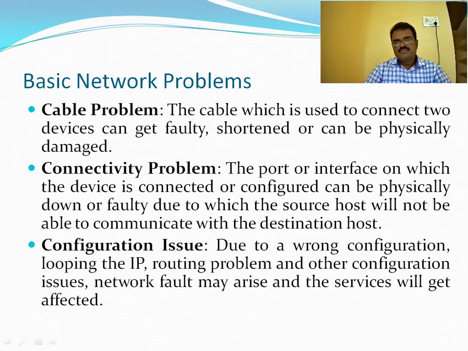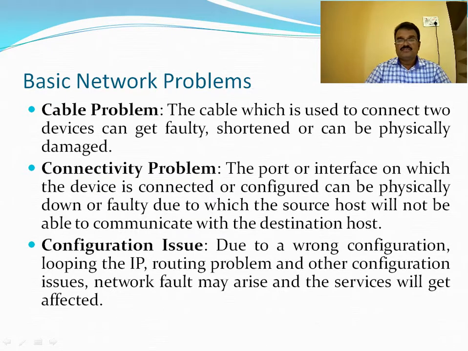Next network problem, connectivity problem. The port or interface on which the device is connected or configured can be physically down or faulty, due to which the source host will not be able to communicate with the destination host.